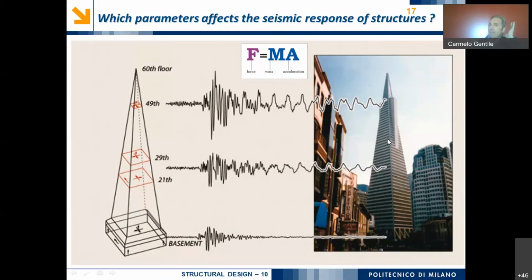One first aspect that we have to expect is that some part of the structure is subjected to an acceleration, okay? And that part of our structure is characterized by a mass, okay? And everything is characterized by a mass.